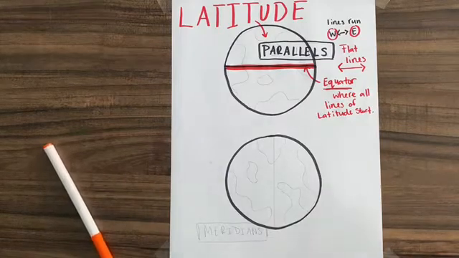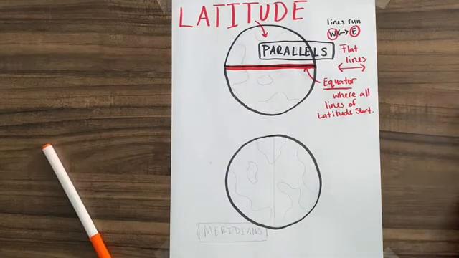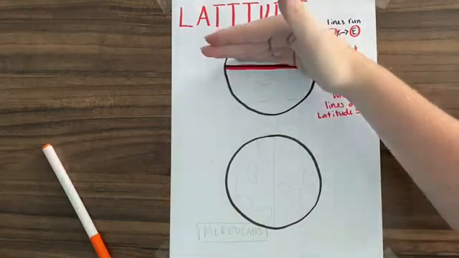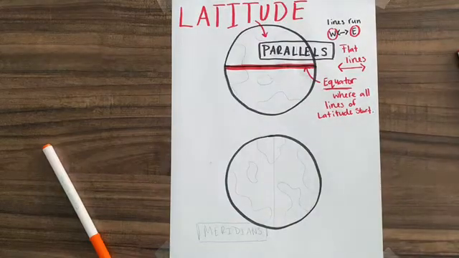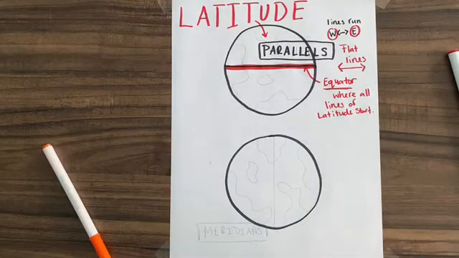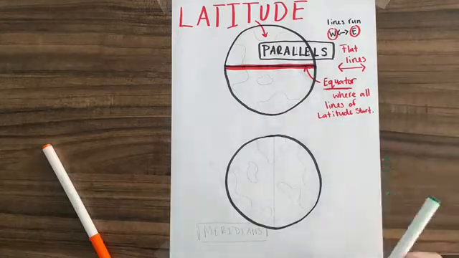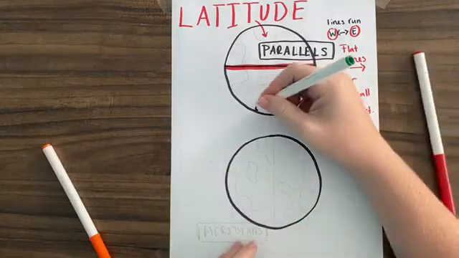Now, these are imaginary lines, so we don't really see them in real life. So there are lines that run all the way down the globe. So to help you understand, I'm going to make this look like a globe.